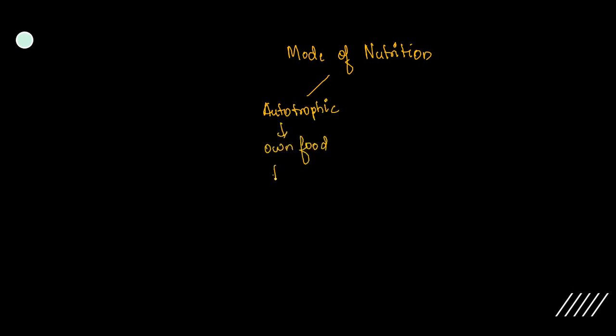Let's summarize the things that we have learned in today's video. We have talked about the mode of nutrition in plants. So it can be either autotrophic. We know that most of the plants prepare their own food by performing photosynthesis.